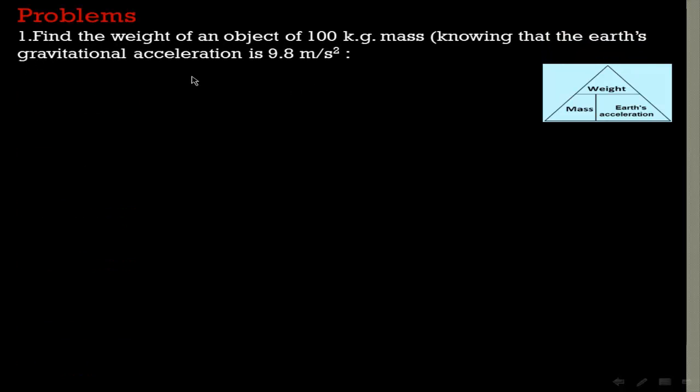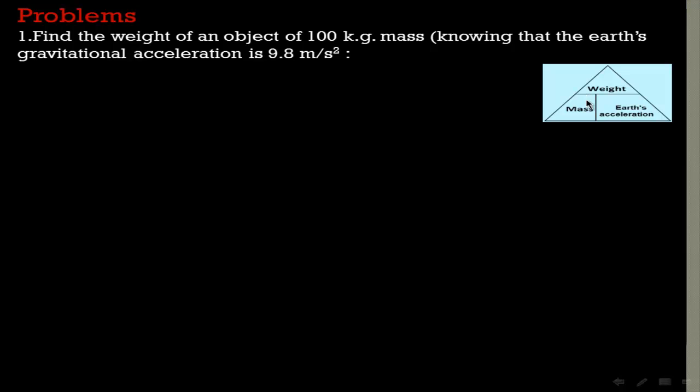Okay. We have some problems here. Number one, find the weight of an object of 100 kilograms mass, knowing that the Earth's gravitational acceleration is equal to 9.8 meter per second square.